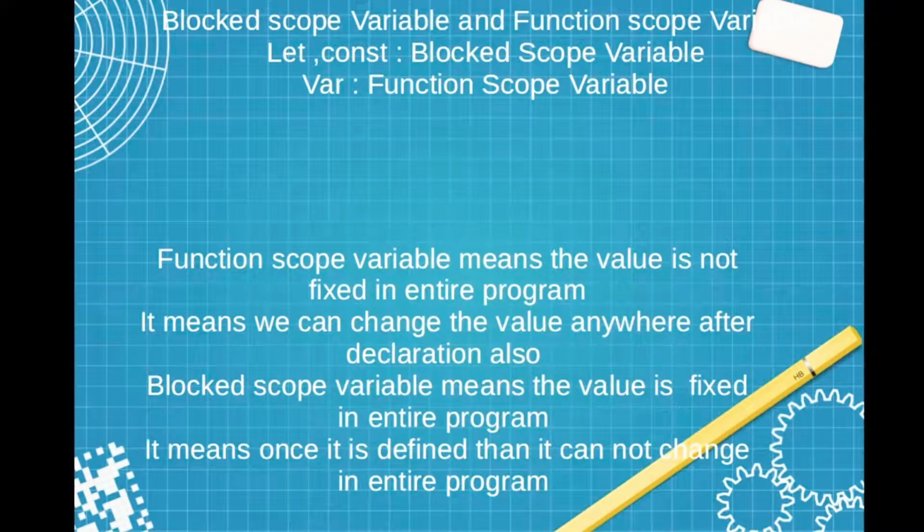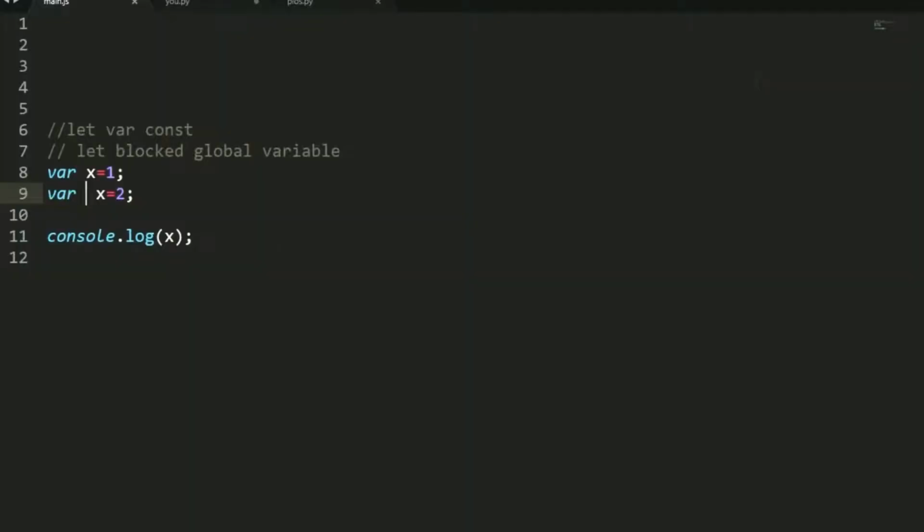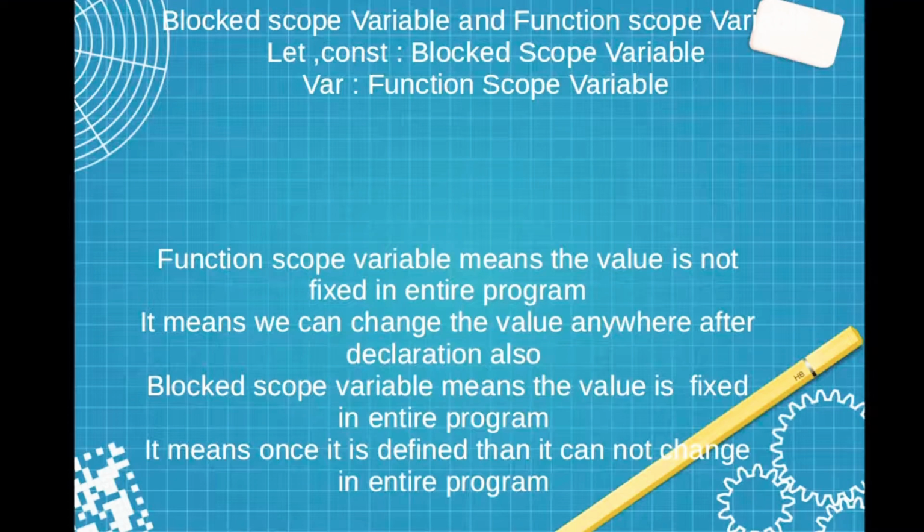Function scope variable means the value is not fixed in the entire program. It means we can change the value anywhere after declaration, just like in the case of var x equal 1 and var x equal 2, we don't get any error.